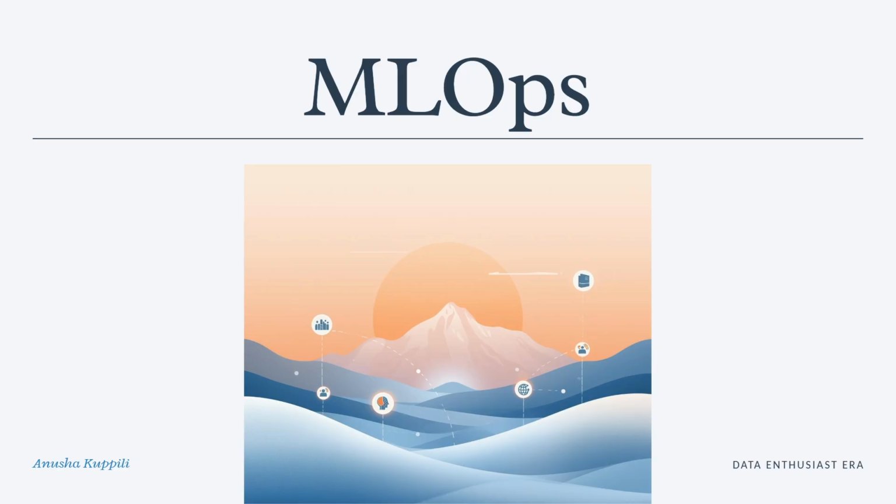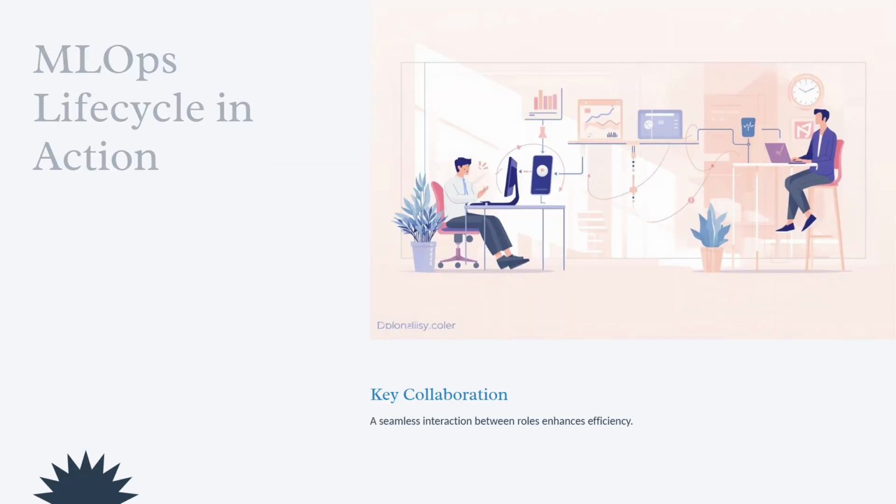And here is the thing, it's not just a fancy buzzword. Over the past year alone, there's been a 50% surge in demand for MLOps professionals. That tells you how critical this field has become. So let's jump into the MLOps lifecycle in action.